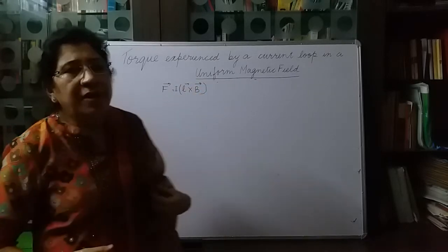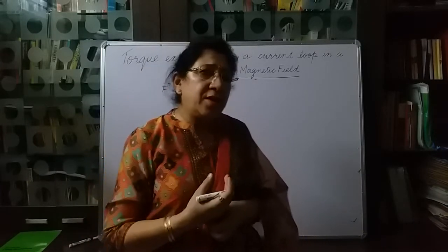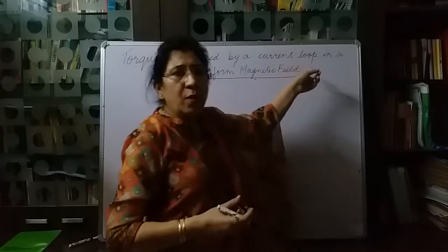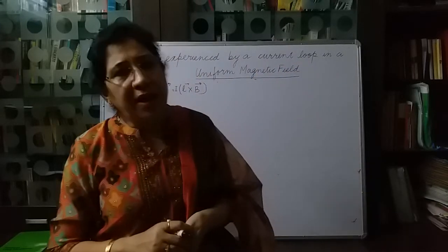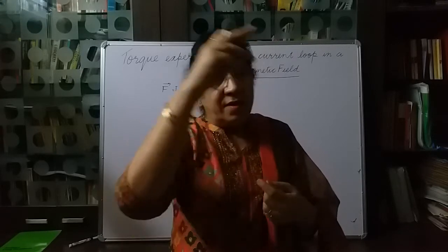Now instead of a current carrying conductor, let us see what will be the effect on a current loop when it is placed in a uniform magnetic field. A current loop can be of any shape. It's a closed loop.